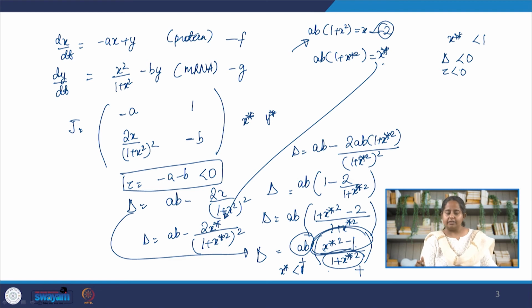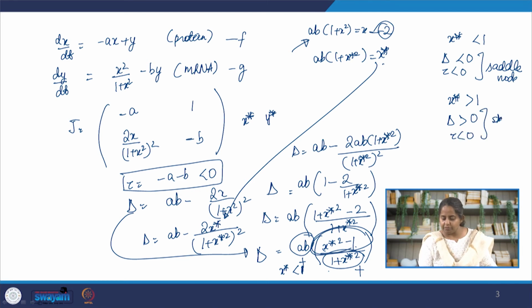So what this is telling us is that in this case we'll have a saddle node, because now we'll be in the third quadrant of our tau versus delta diagram. Now if our fixed point is greater than 1, then determinant is going to be positive, tau is going to be negative. So we are going to be in the stable portion, which is the fourth quadrant. So now we can either be a stable spiral or a stable node.